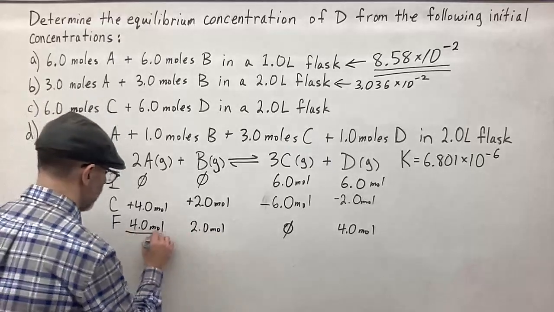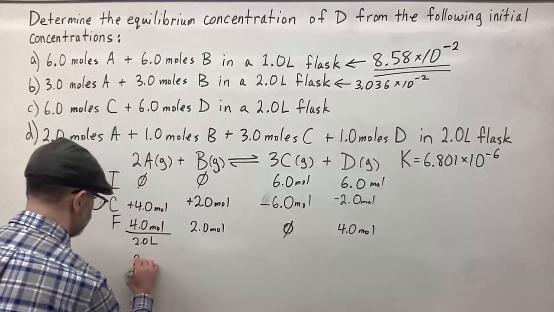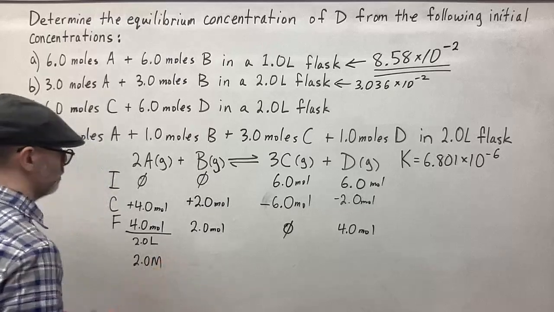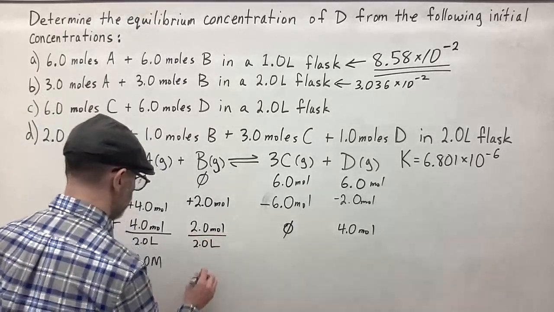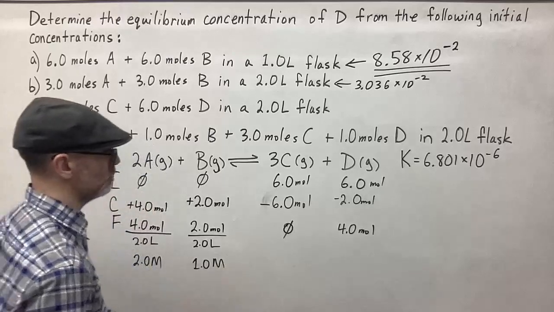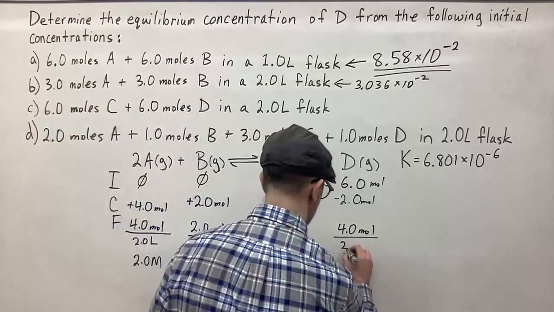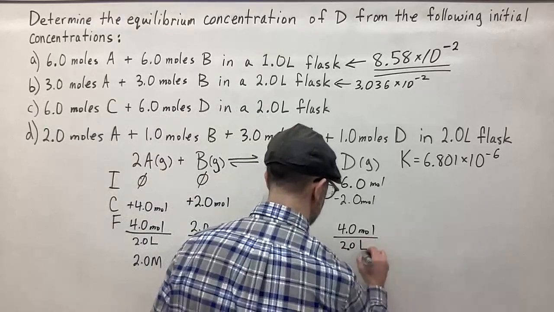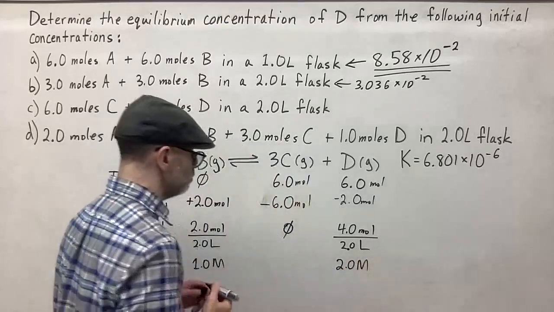So if I divide this by 2.0 liters, that's going to give me 2.0 molar. If I divide this by 2.0 liters, that's going to be 1.0 molar. That's 0. If I divide this by 2.0 liters, then again, that's going to be 2.0 molar.